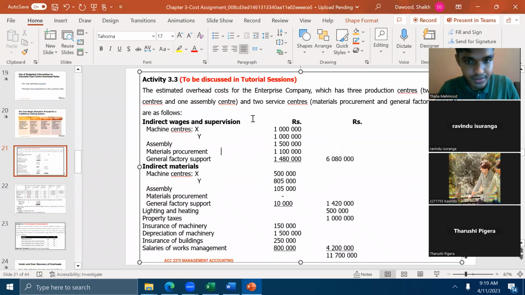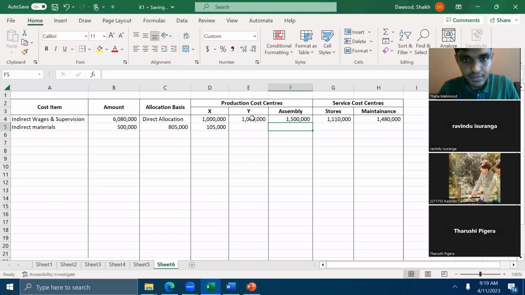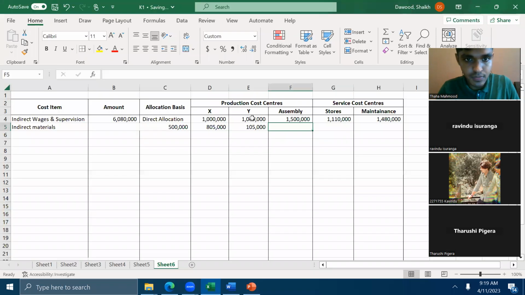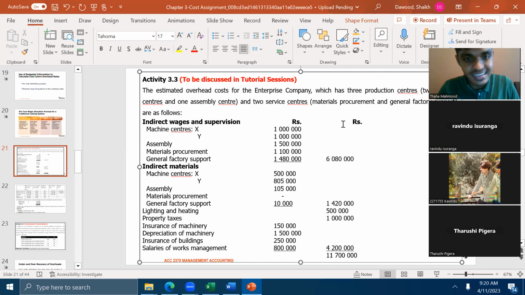Maintenance is general factory support, and material procurement is added to the stores.